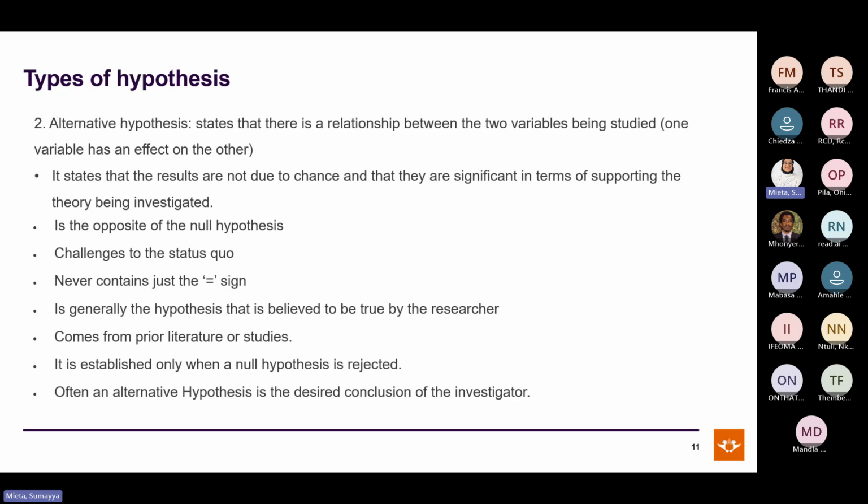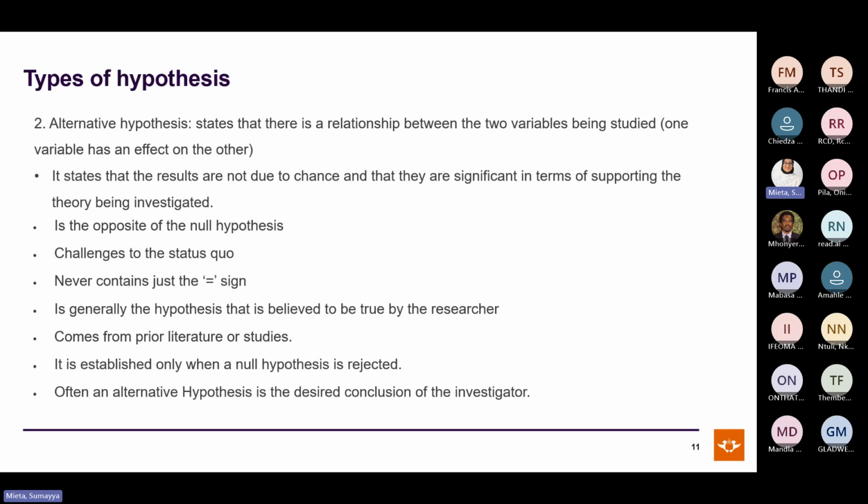It tells us that if this changes, it's going to influence the other. So it states that the results are not due to chance. It didn't just happen that you have those results. They are significant in terms of supporting the theory being investigated. Now, there is some complexity in these hypotheses in that when we talk about significance, we're talking about statistical significance.